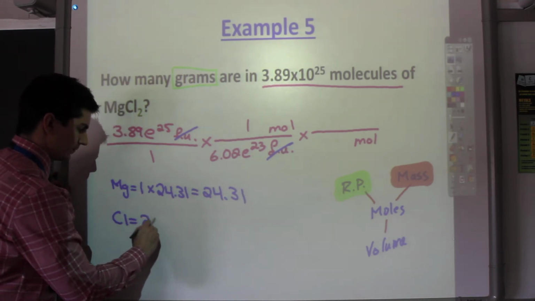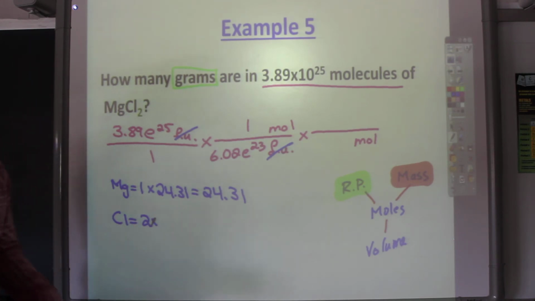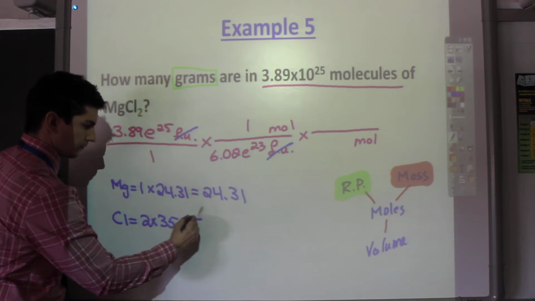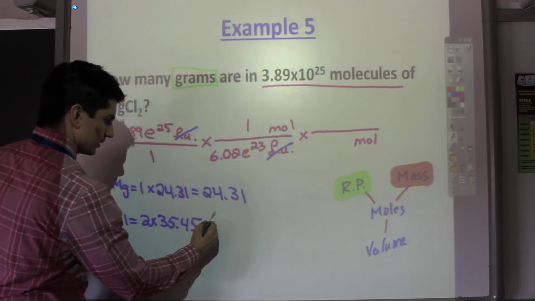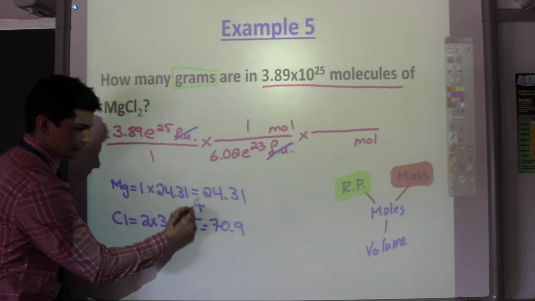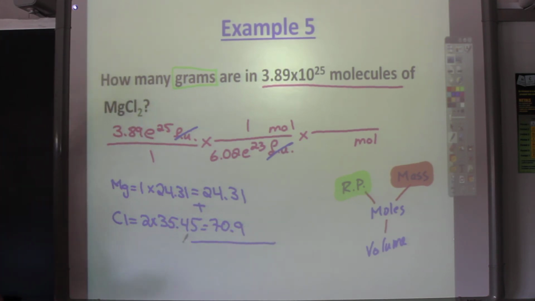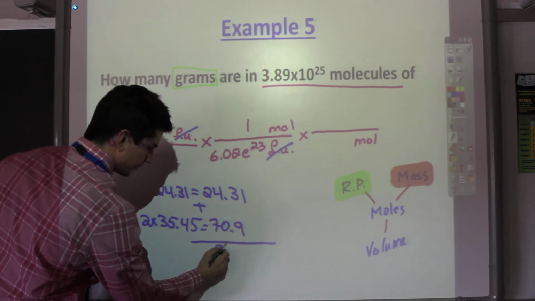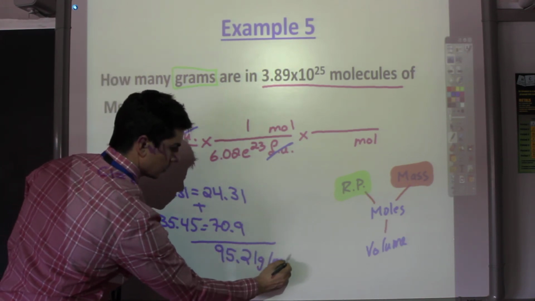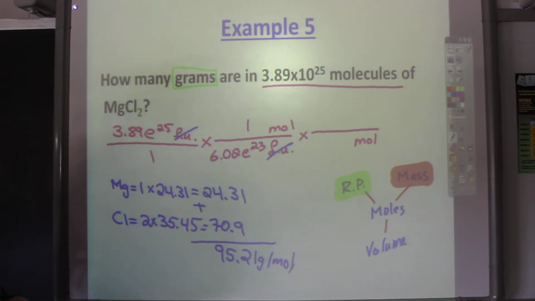Chlorine, I have 2 times our molar mass of chlorine, which is 35.45, and I get 70.9. Add these together, and I get 95.21 grams per mole.